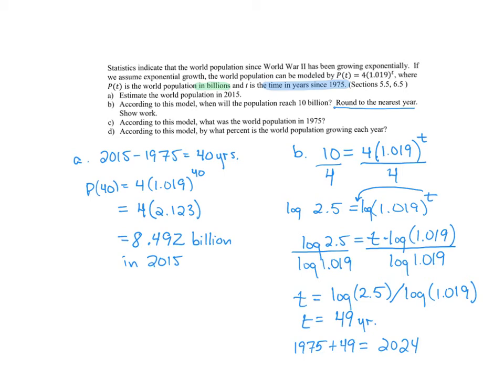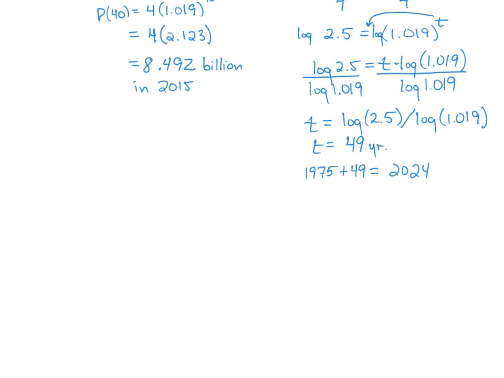And so this one is going to be 4. So the population in 1975 was 4 billion.